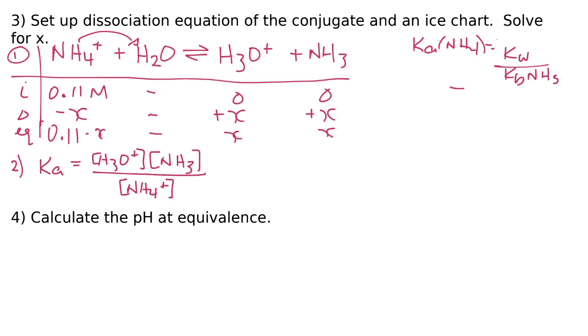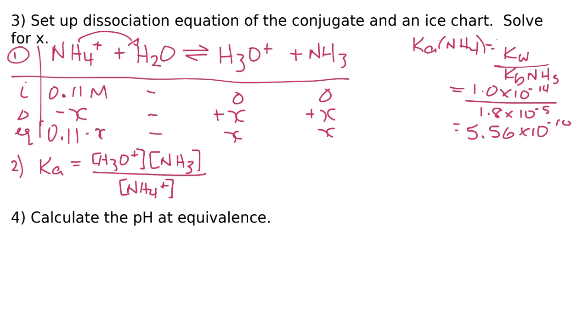When you look up the Kb, which is 1.8 times 10 to the negative 5, we're going to set this up. Kw is 1 times 10 to the negative 14 divided by 1.8 times 10 to the negative 5. And we get a Ka value of 5.56 times 10 to the negative 10.